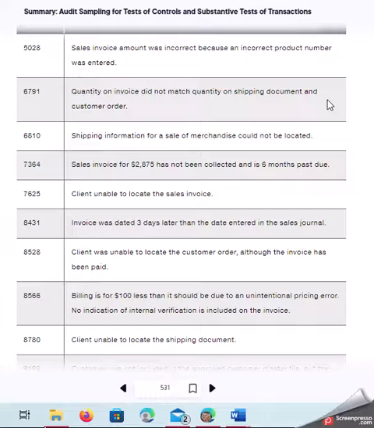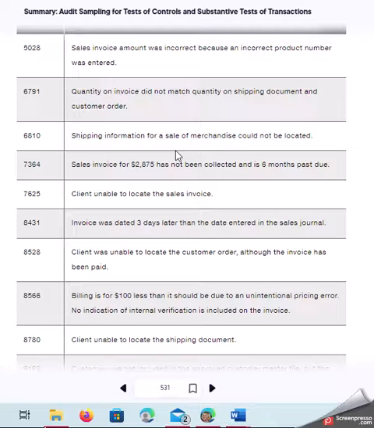Okay, then we have the shipping information on the sale of merchandise could not be located. So we've got an invoice, but we don't really have any proof that it actually shipped. So then you want to go back to the next level to confirm that it's on the accounts receivable and that the people actually paid.